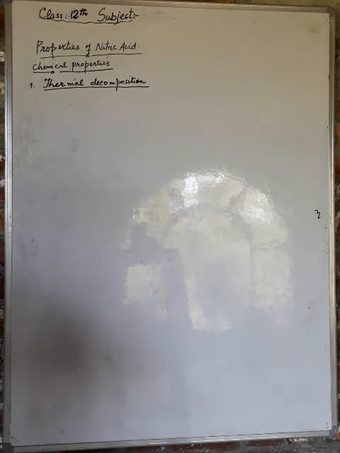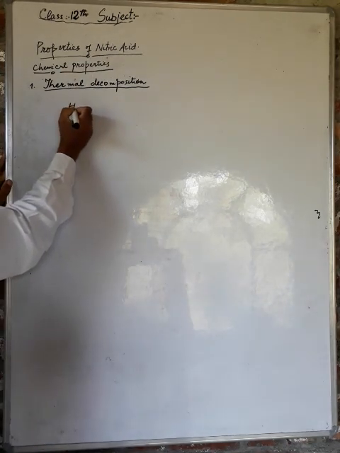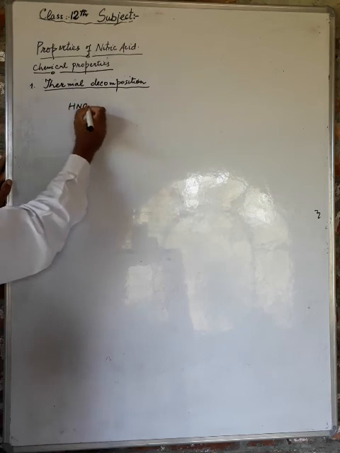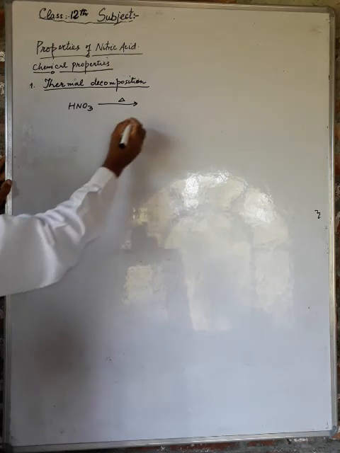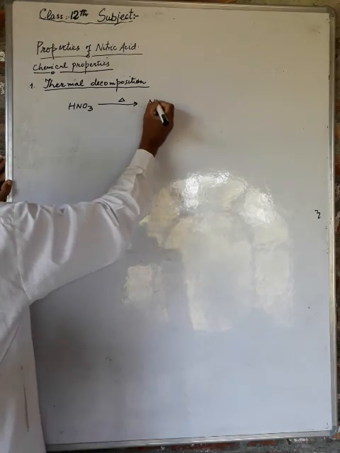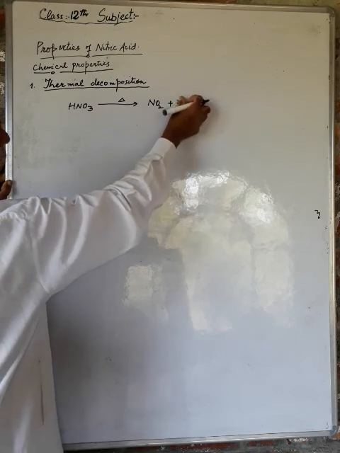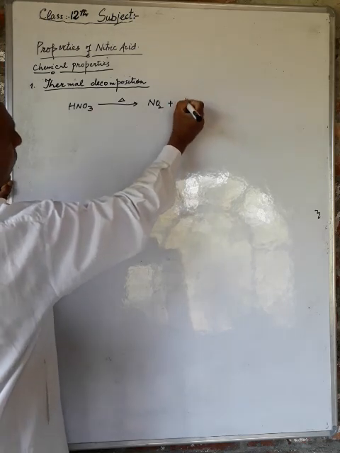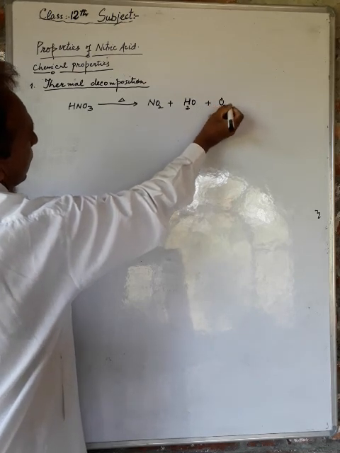On heating, nitric acid decomposes and it forms nitrogen dioxide. HNO3, on heating, decomposes to form NO2 plus H2O plus O2.